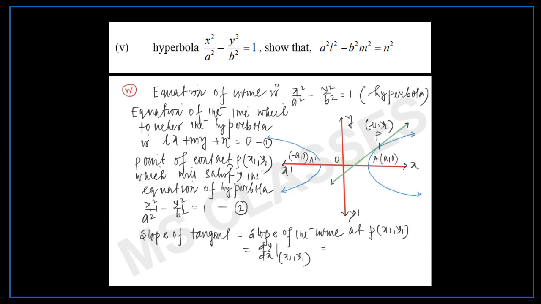Now that gives us b square x1 by a square y1 on differentiating this curve first, and then we are substituting x1 y1. So this is the slope of the curve, which is the slope of the tangent. Now from this we can find the equation of tangent.